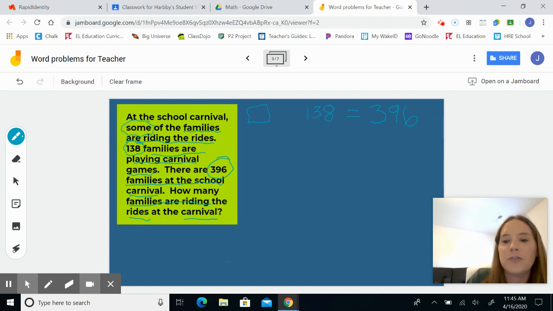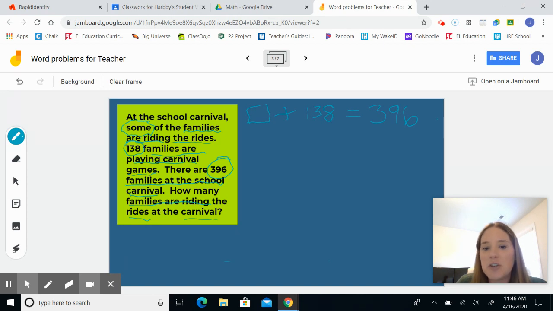So I'm going to put 396. Now, are we going to add to get our total? Are we going to add how many families were riding rides and playing games to get our total, or are we going to subtract? You're right, we are going to add. So go ahead and write your equation down on your paper.